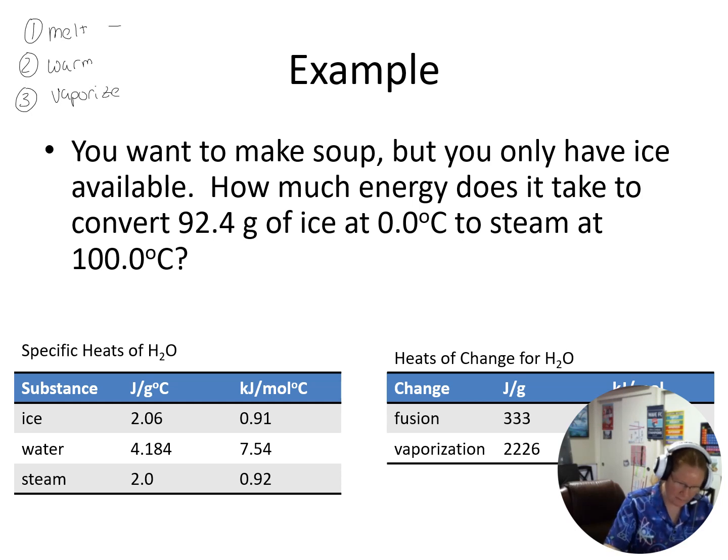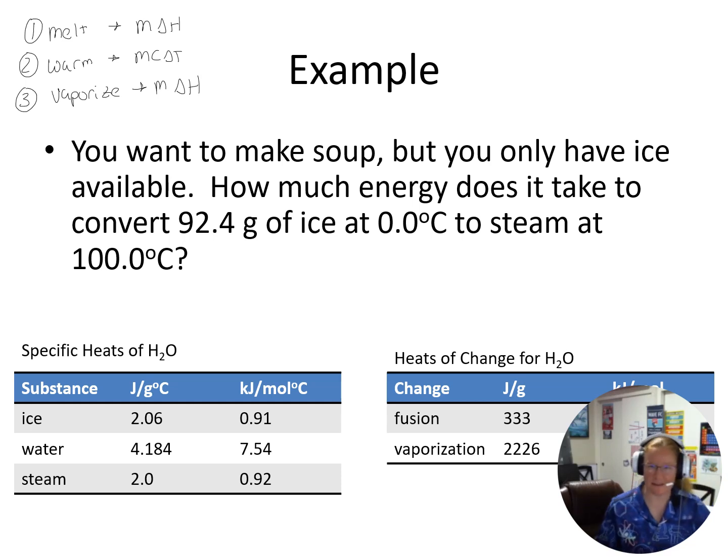Melting is a phase change, so we use the M delta H. Warming is a change of temperature, so we use the MC delta T. And vaporizing is a phase change again, so we use that M delta H again. For the melting, we use the delta H of fusion, and for the vaporizing, we use the delta H of vaporization.